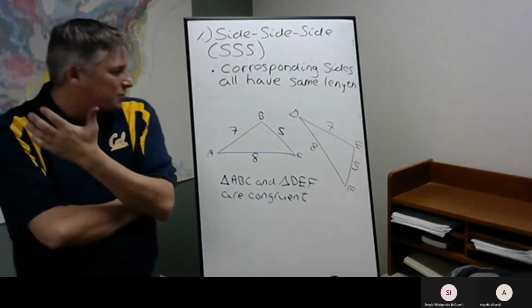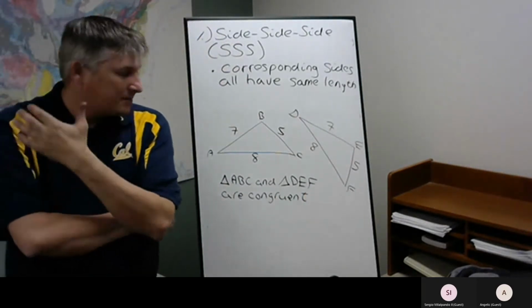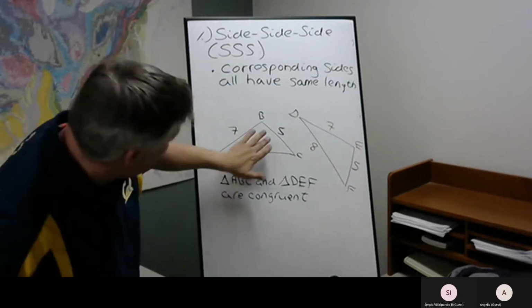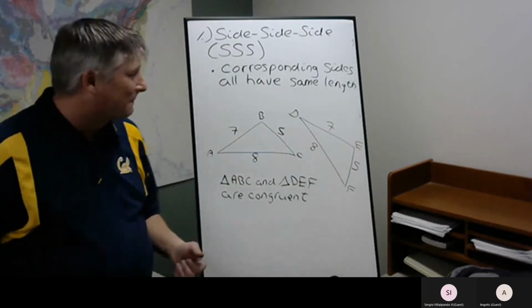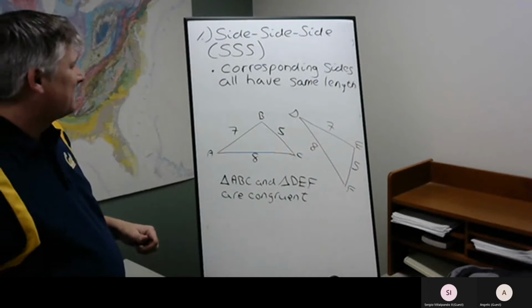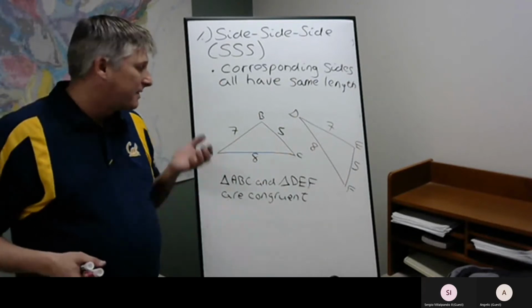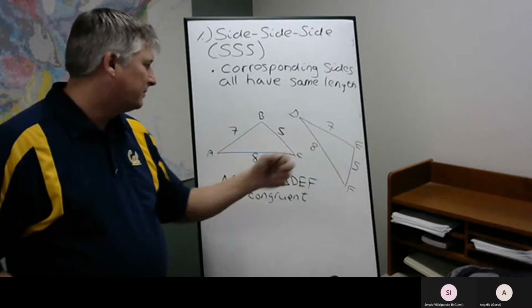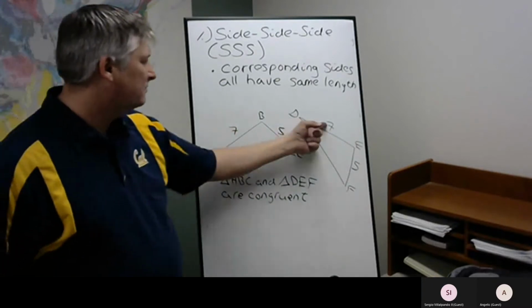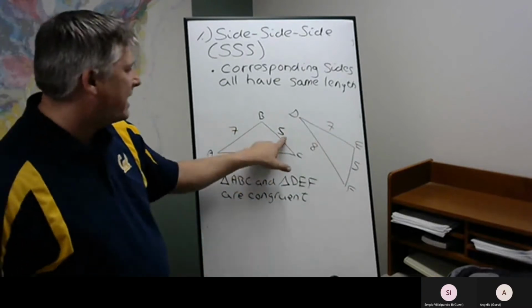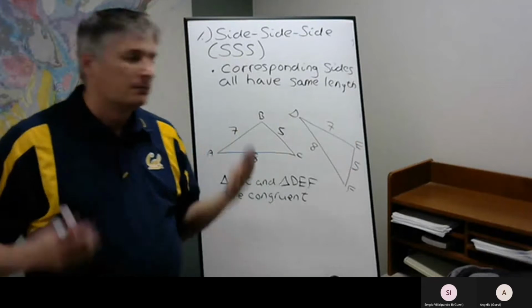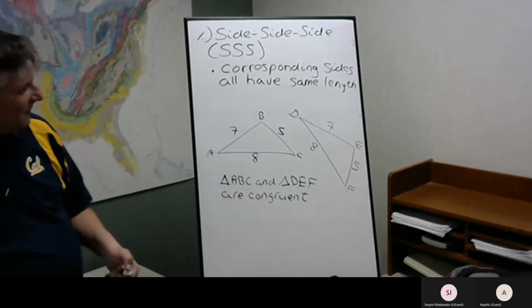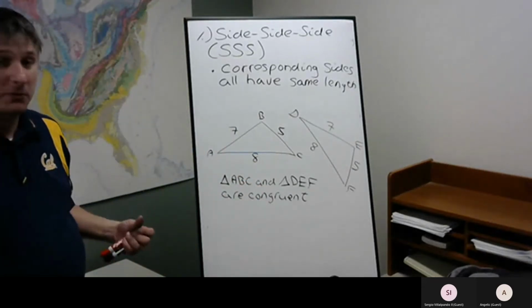So if you have two triangles and the sides measure the same lengths, what we call side, side, side, then these are congruent. So the bases, same length, incline, same length, the backs, same length. These are congruent. So that's one way of doing this.